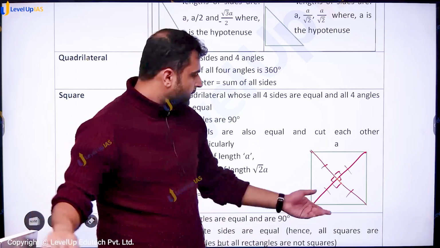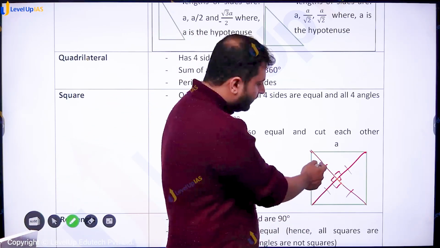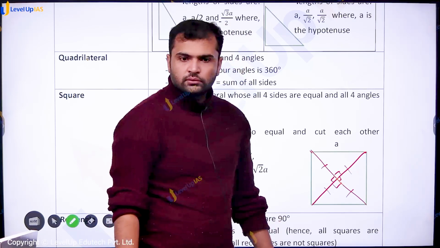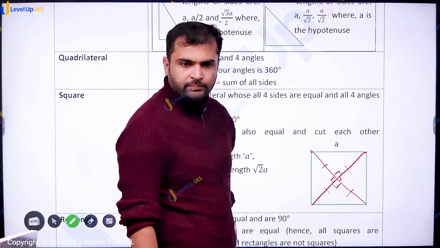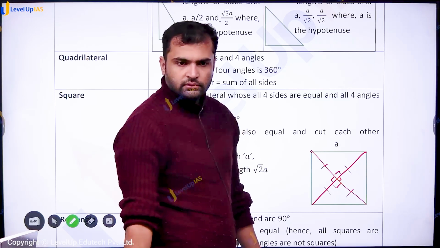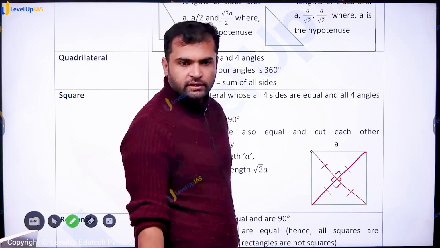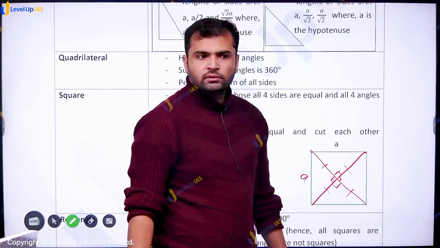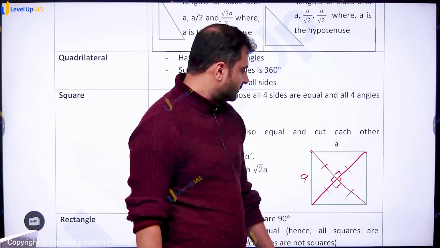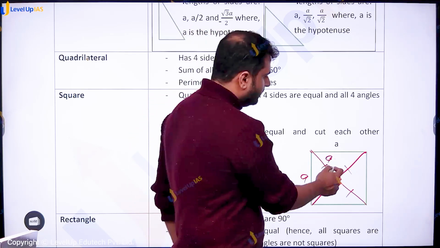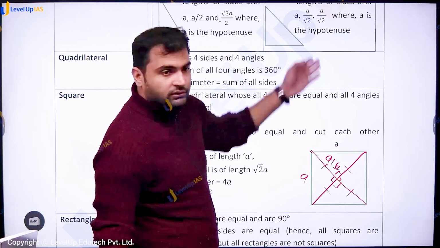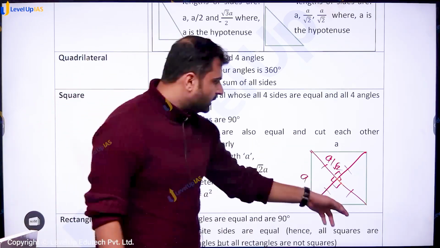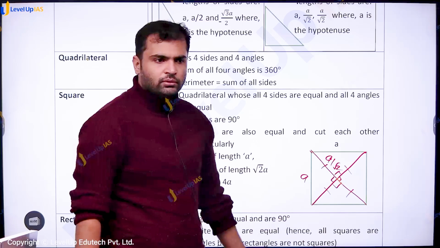Then this is a right angle triangle, the smaller one. Which kind of right angle triangle? Isosceles, 45, 45, 90, right? It is a 45, 45, 90 right angle triangle. So if this is A, this would be A by root 2.